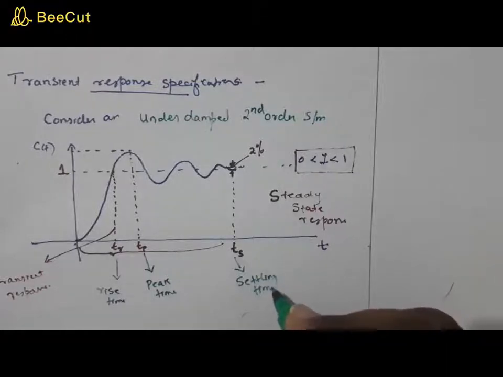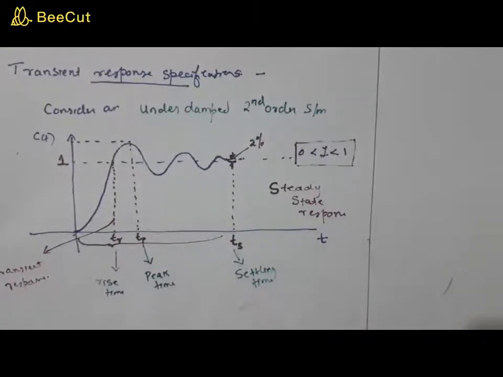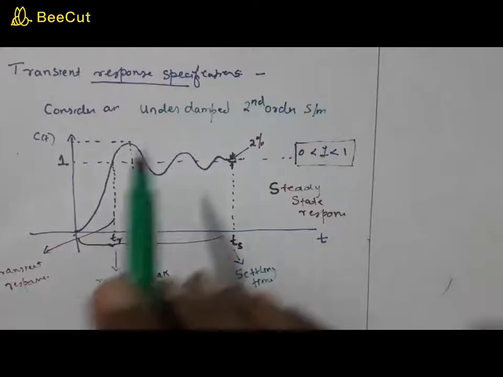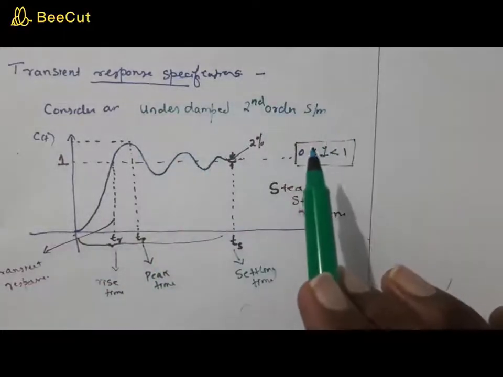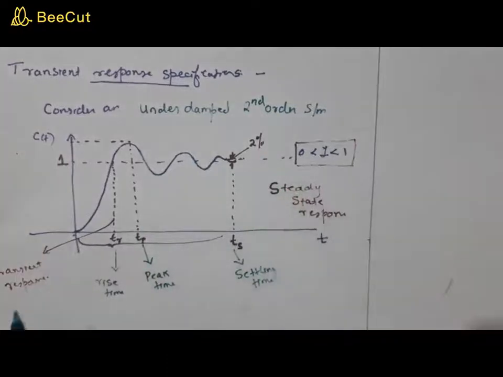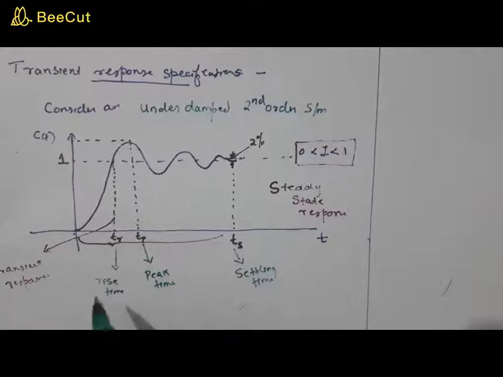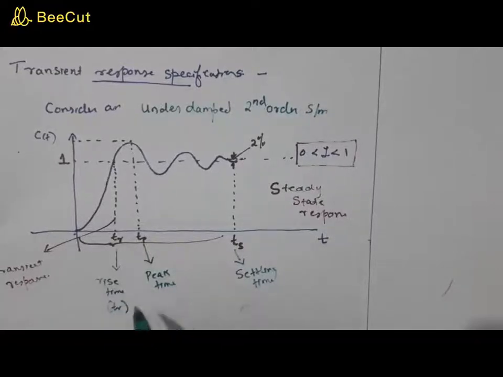These are very important times with regard to a transient response, and very important specifications of an underdamped second order system. So if it is an underdamped system, the response can be specified by TR, TP and TS.